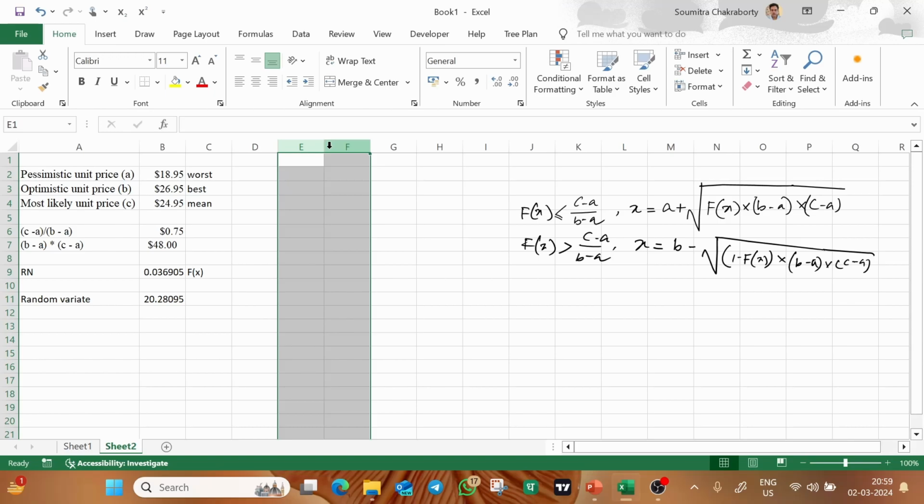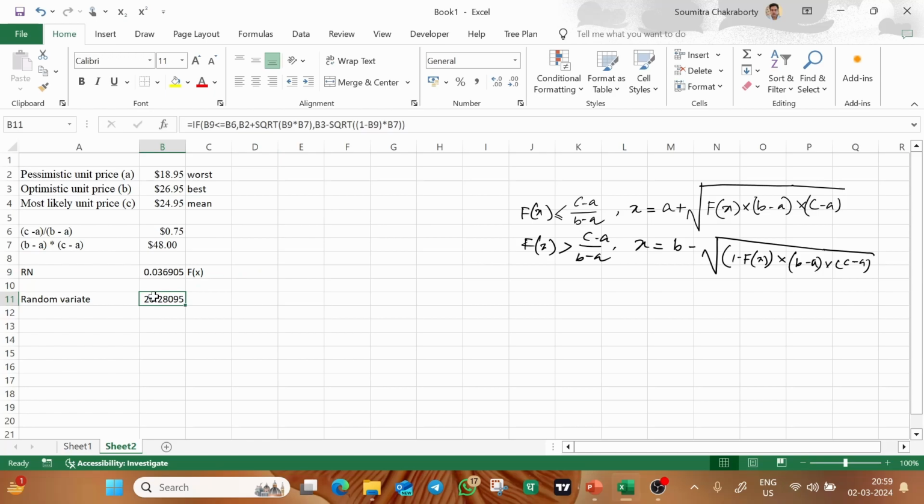That is the second part, which we are not discussing here. Our topic of discussion is confined to getting the inverse function of the exponential distribution and triangular distribution in this video. So for the first replication, you have got your random variate, and now using a data table you can simulate this random variate as many times as you want.